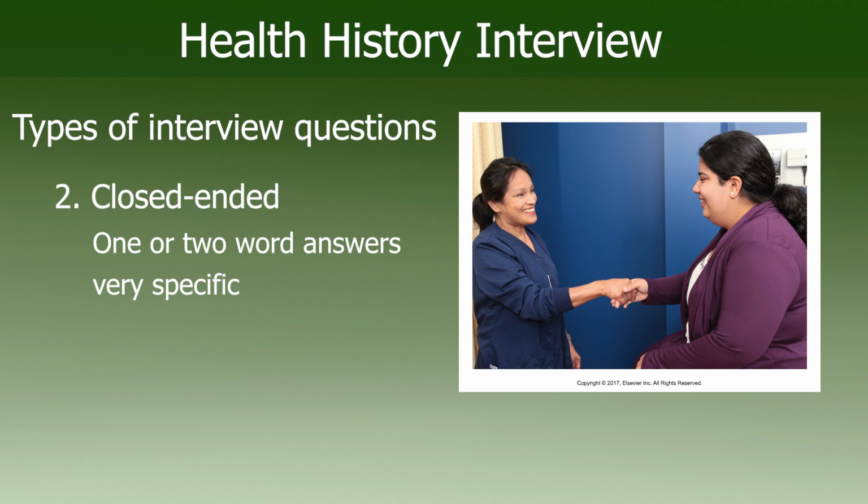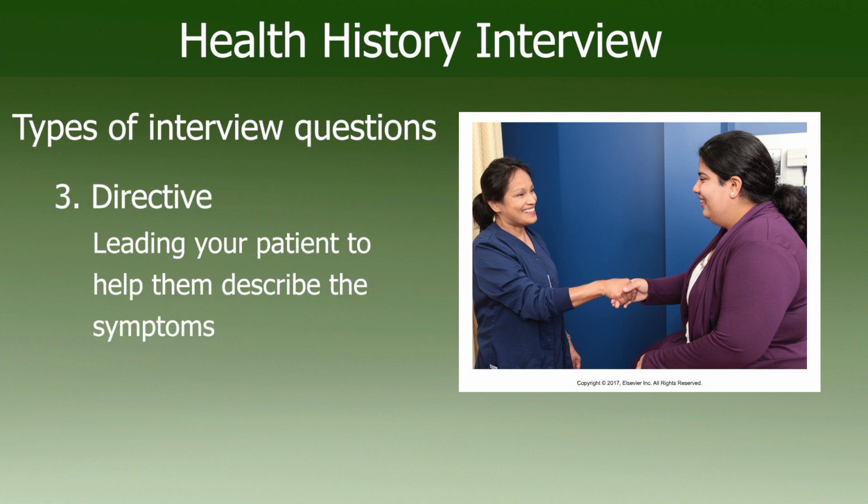The next one would be closed-ended. That's to gain more precise details. It will be more direct and more specific. It might just require 1 or 2 words to answer. For example, do you become short of air when you walk from this chair to that door? That would be a very, very specific, closed-ended question.